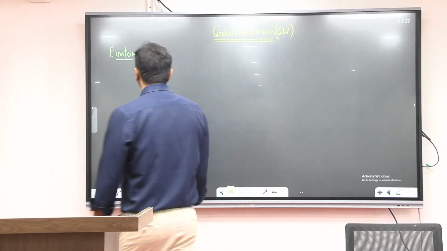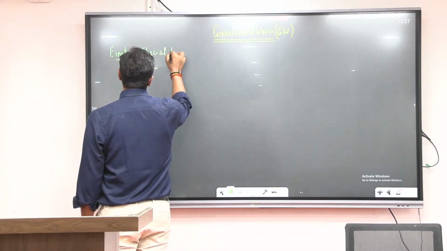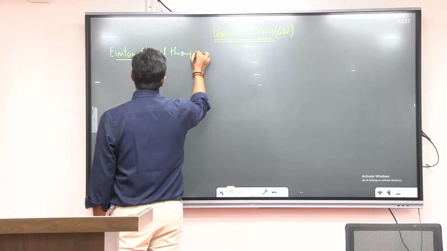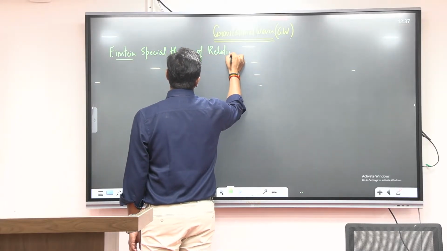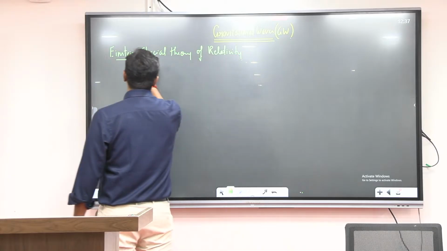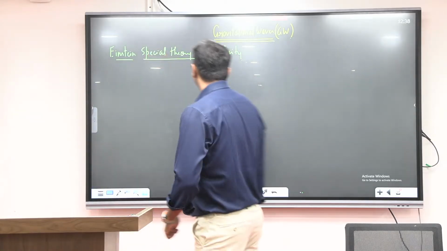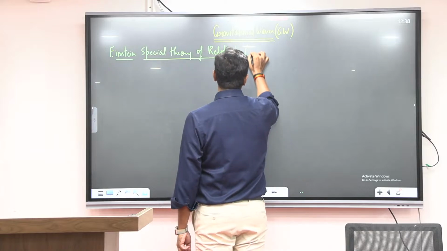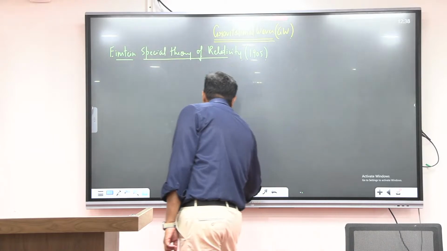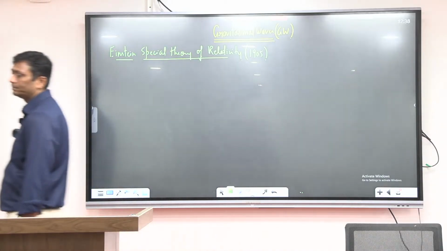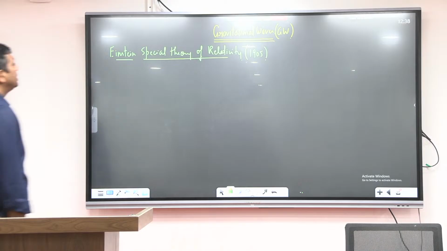Einstein's special theory of relativity. This theory was propounded by Einstein in 1905.